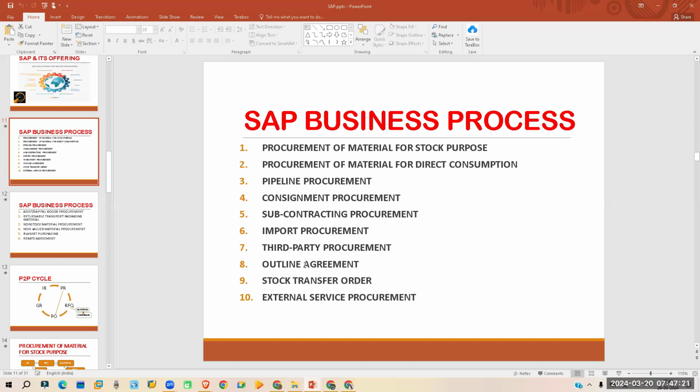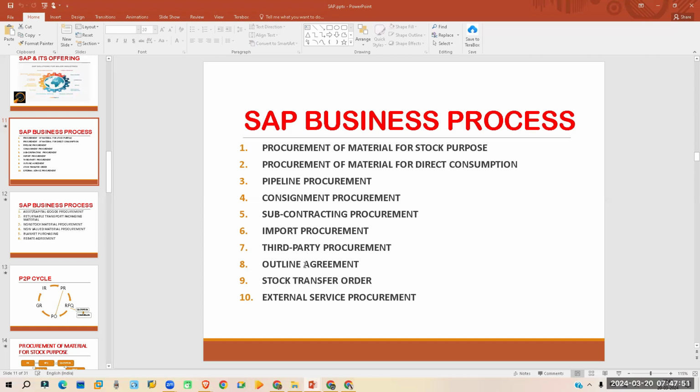What is a scheduling agreement? Let's say I know on which date I need the product and in how much quantity. So rather than asking them each day that I need this product on this day in this quantity, I will be giving them a timeline or delivery dates. On those delivery dates, the supplier will send me the quantity I need.